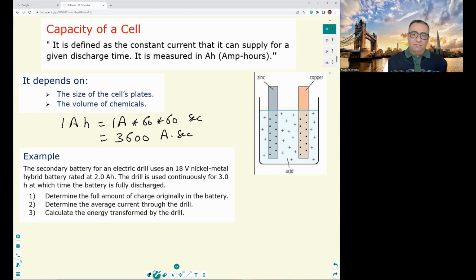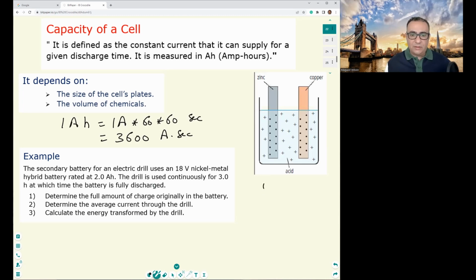So the capacity is basically the maximum quantity of charge that can be delivered during the use of the battery, right? Because if you look at the unit, ampere second, or unit of current intensity times unit of time, right?